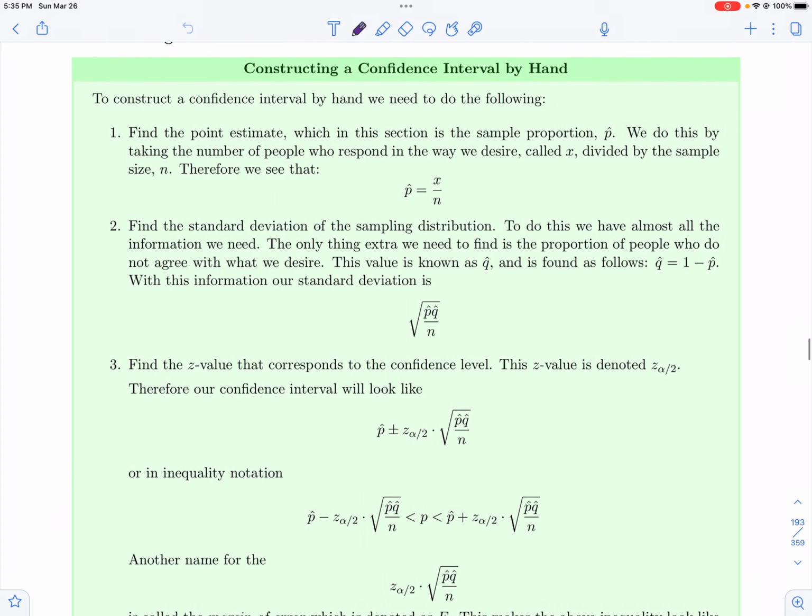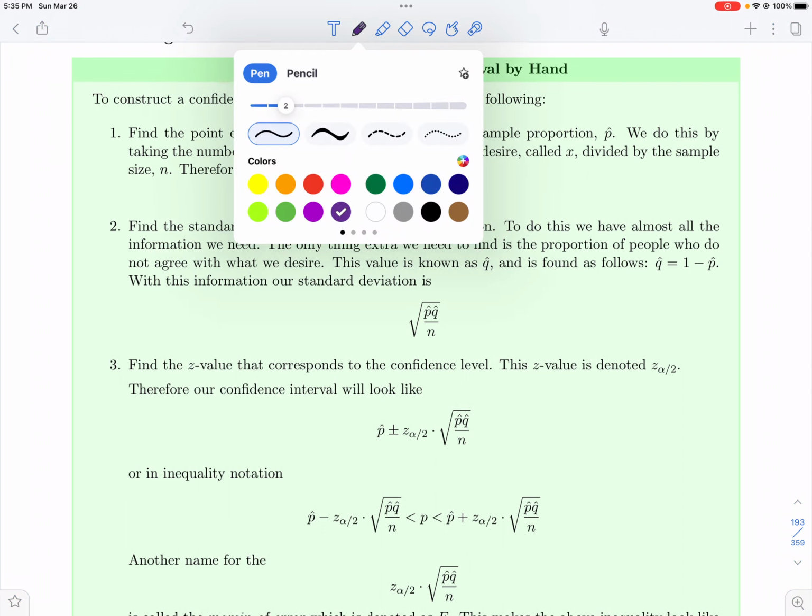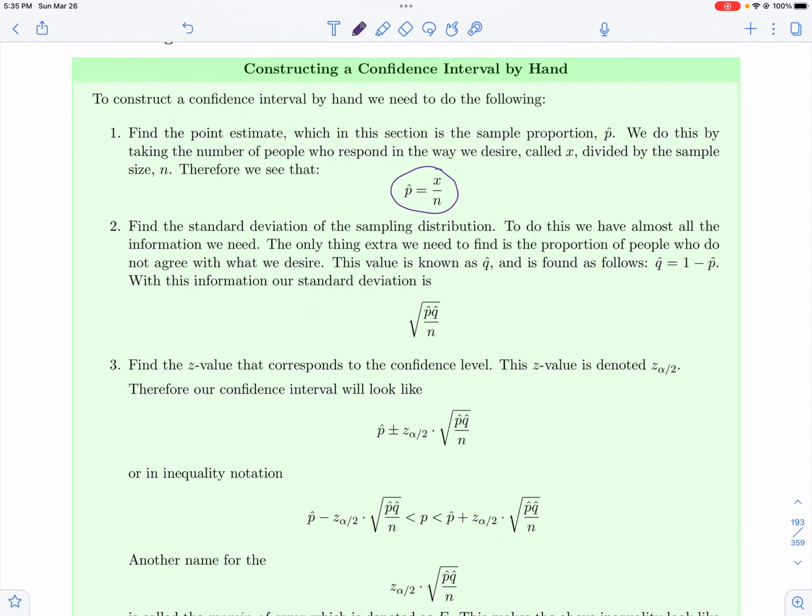So if we look at number one, to find our sample proportion, our p hat is going to be our x over our n. And then to find our standard deviation, we have to figure out what our p hat is and what our q hat is. And again, q hat is just 1 minus p hat. And then I'll divide that all by n.